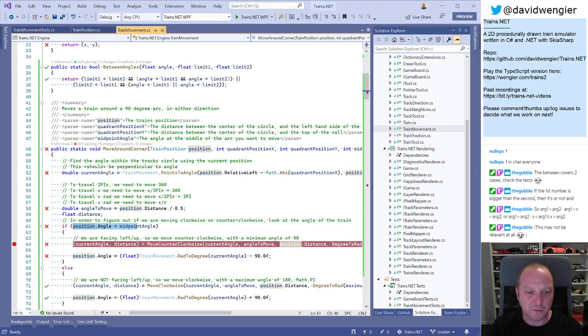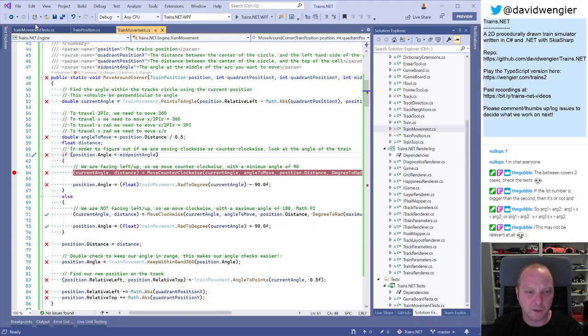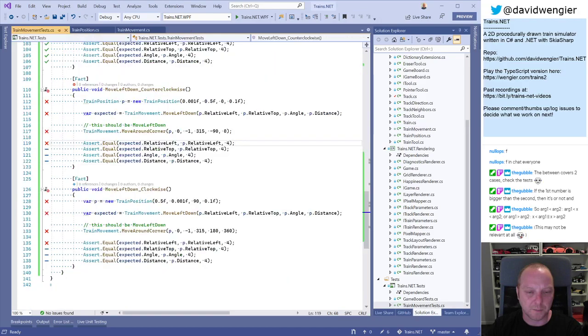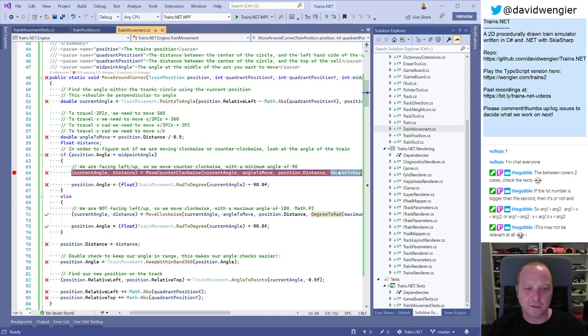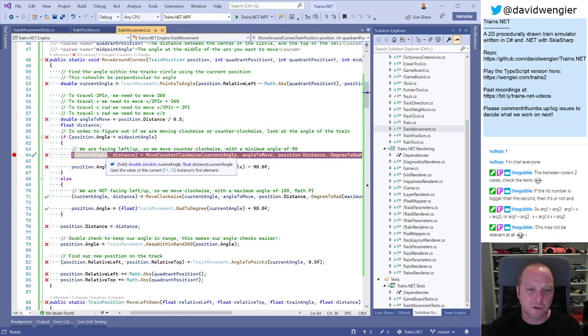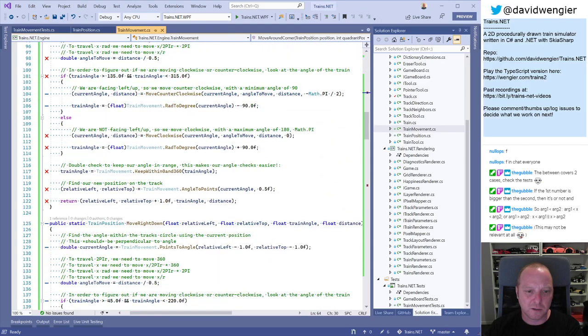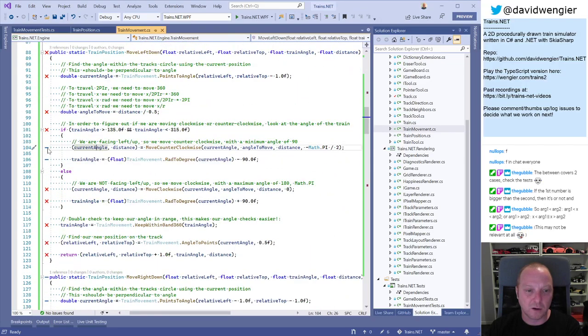Oh no, I just did this midpoint angle thing. This is based on that. Maybe that's wrong. I feel like the failure is coming from this line more than this line, but that could be wrong. Alright, let's just do the debug thing again. Oh, no, it is that line, because look, this line's not covered by a test.